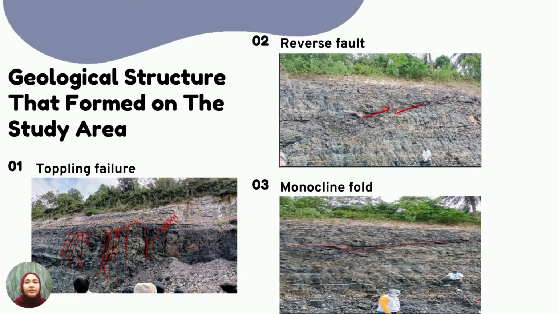Toppling failure is a common mode of instability in layered and blocky rock slopes where rock blocks rotate about their toes and overturn. In this failure, rock blocks at the toe of the slope are pushed by the pressure of the sliding mass from the upper part of the slope.